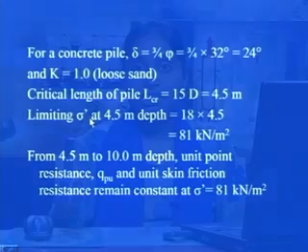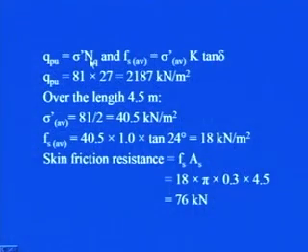So whatever unit point resistance or unit skin friction you find beyond this depth is going to remain constant. We have a standard expression. We can find QPU as sigma prime NQ, and Fs average, that is the unit average skin friction, equal to sigma prime average into K into tan delta.